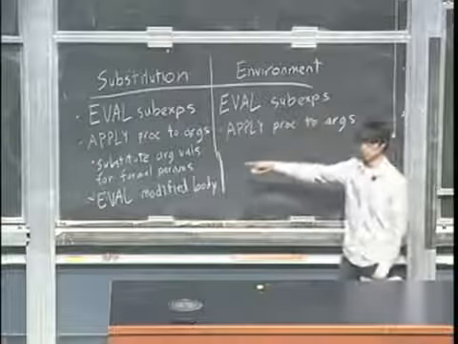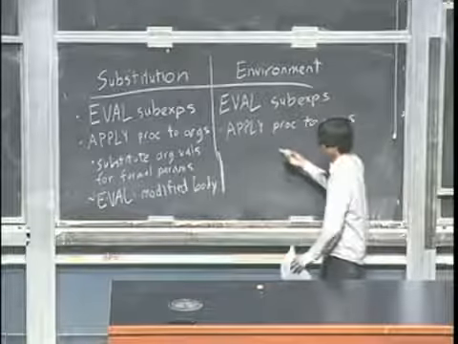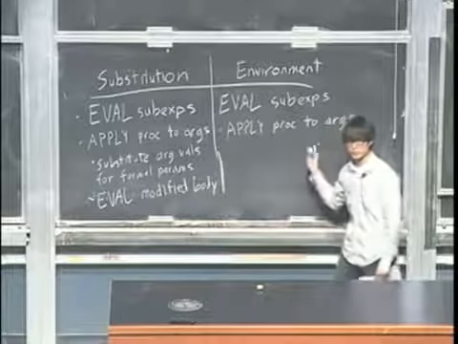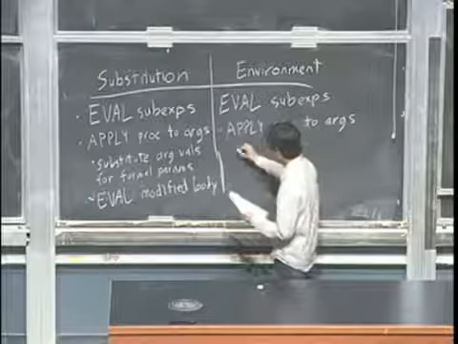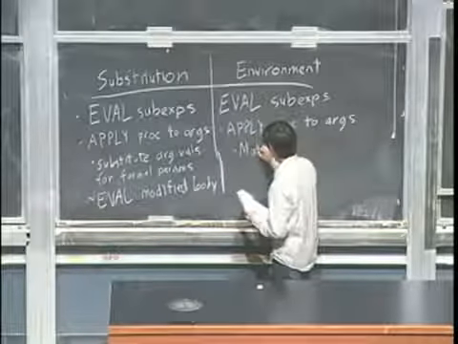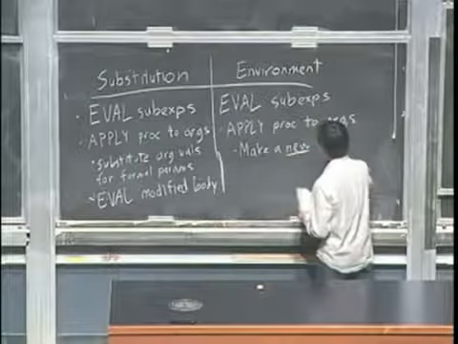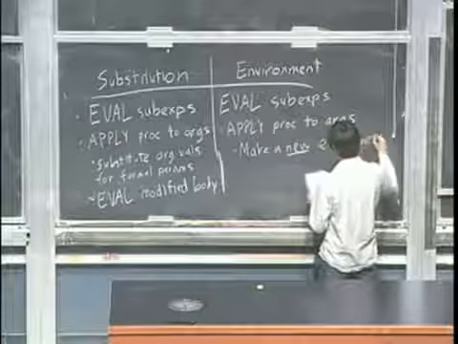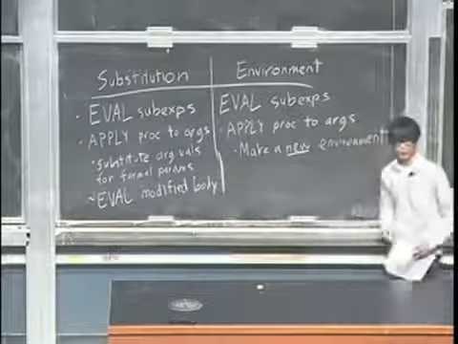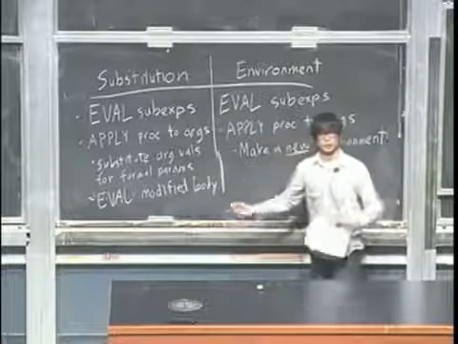Great. So this hopefully looks familiar. This is what Scheme 1 did. Now we're learning about this new guy. When we apply a procedure to arguments, we're going to do something else. We're going to make a new environment and have the formal parameters of the procedure bound to the values we give it.